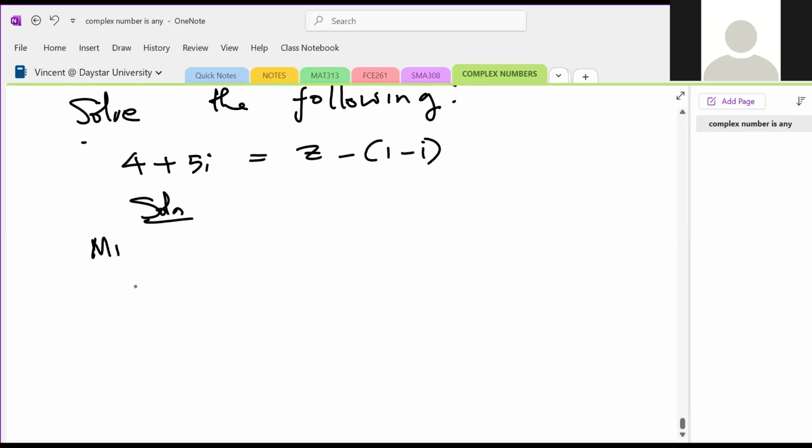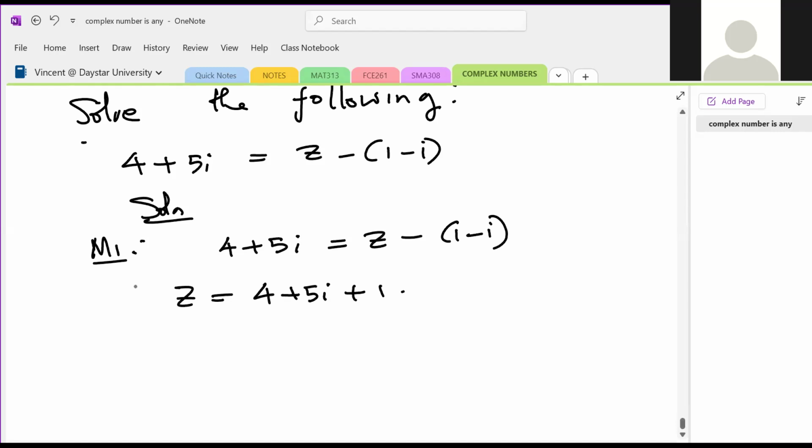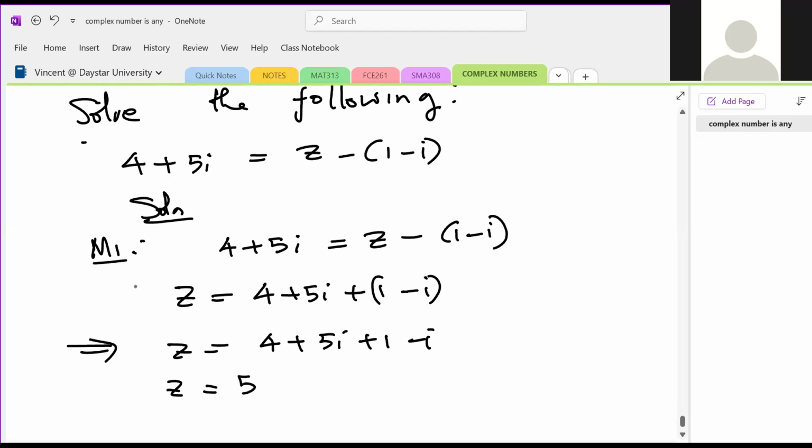Method 1: 4 plus 5i equals z minus 1 minus i. Take this to the left-hand side, so we'll have z equals 4 plus 5i plus 1 minus i. Then when you collect real parts, we'll have 5, and then 5i minus i is 4i. So this is one way.